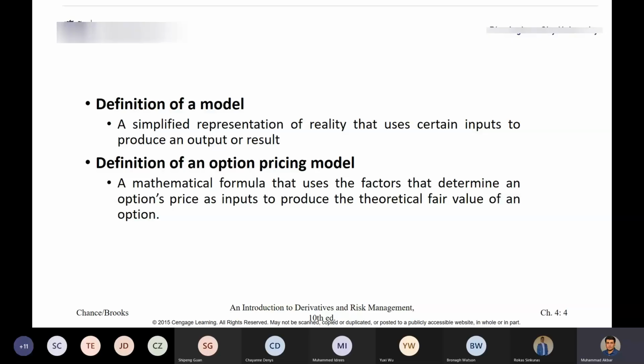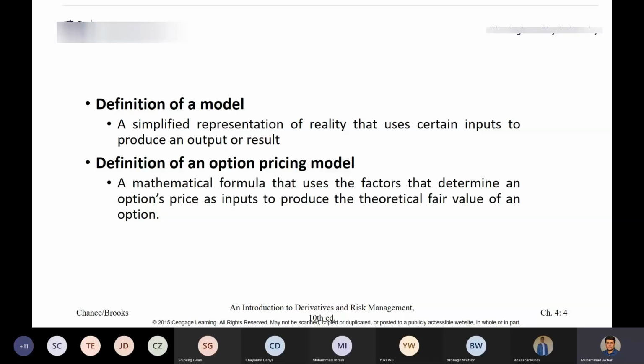Similarly, there are different theories of dividend, like the bird in hand theory, the tax loss hypothesis theory, that help you understand how much dividend you should be paying. In fact, whether you should be paying any dividend or not, and if yes, how much. Similarly, when you talk about stock valuation, you have the Gordon model where you discount the future value of dividends to get the price of the stock.